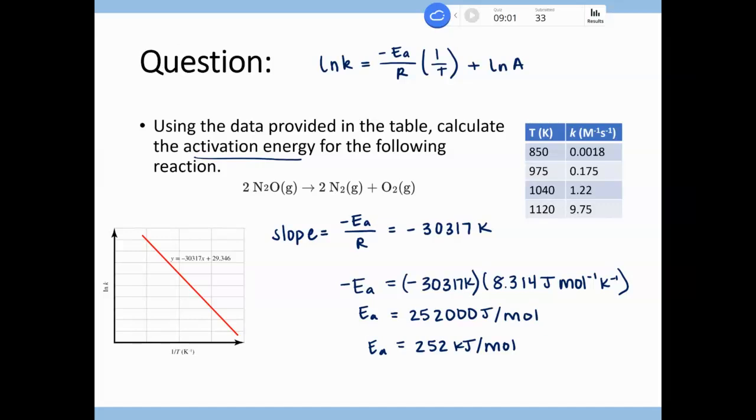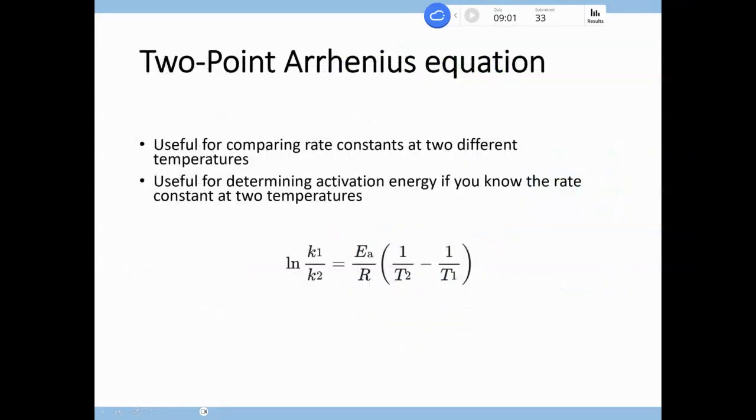The next slide has the 2-point version. This is the version that's on your equation sheet. And this version allows us to avoid the graphing. So as long as you have two values of temperature and rate constant, you can plug those directly into this equation. You don't have to plot anything.